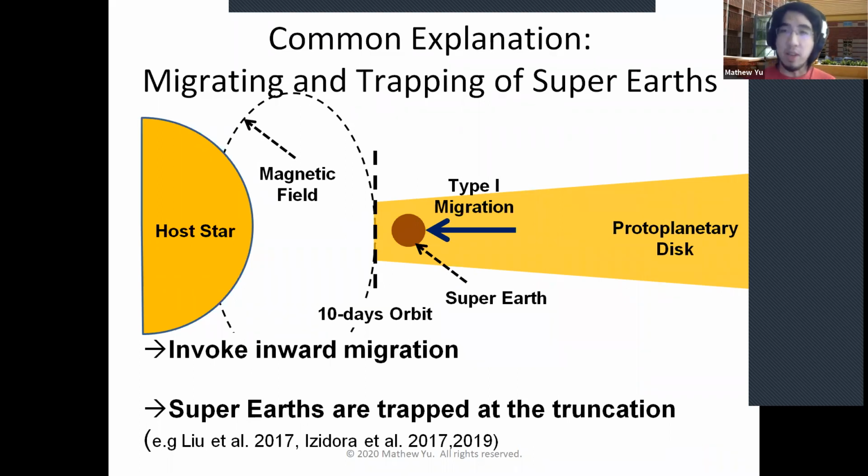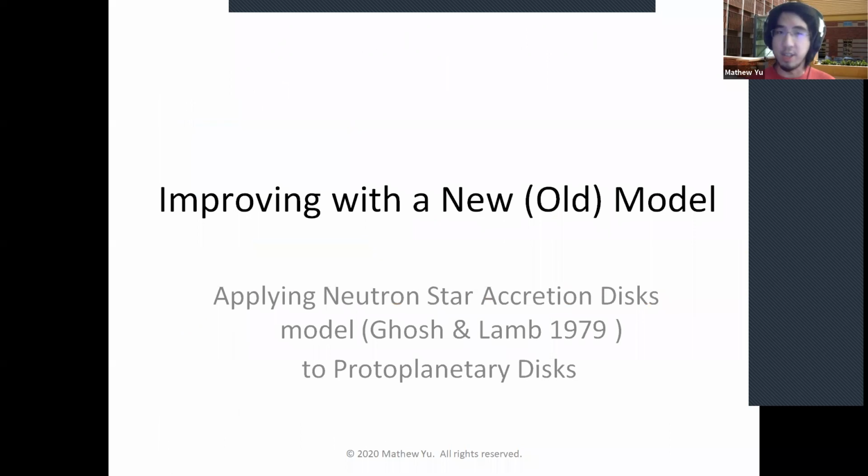But in other fields, such as neutron star accretion, there were already works that have done slightly better modeling of this type, assuming a magnetospherically truncated inner edge of the disk.